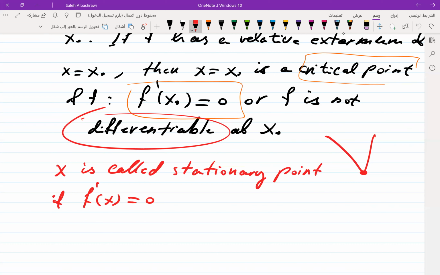If it is not differentiable, we say it is a non-stationary point. So the critical point is called a stationary point if the derivative equals 0, but if the function is not differentiable, we call it a non-stationary point.